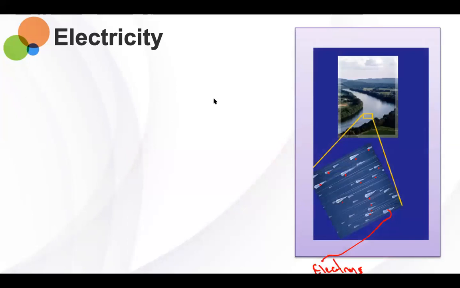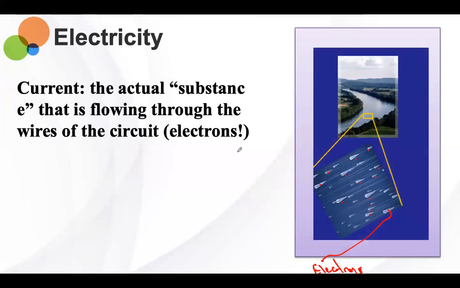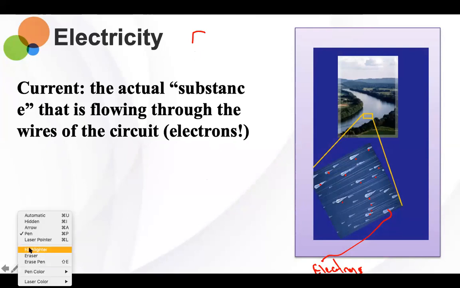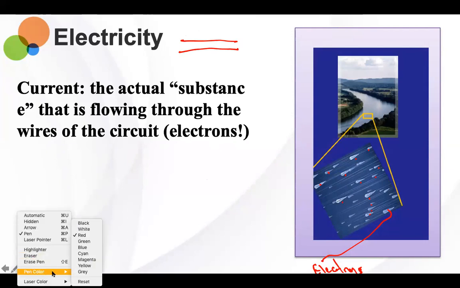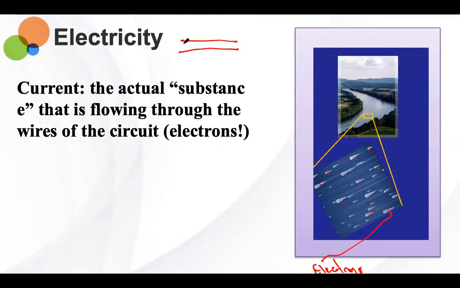So remember in the exercise we saw some small blue items in here, bubbles. I can call them electrons. So these small things in here would be called electrons in your wire.